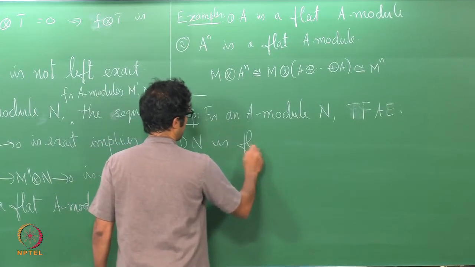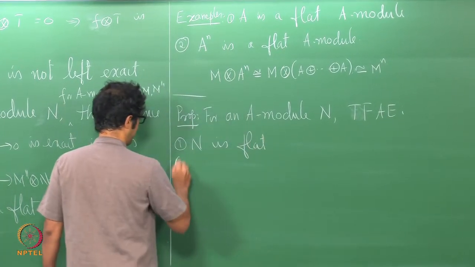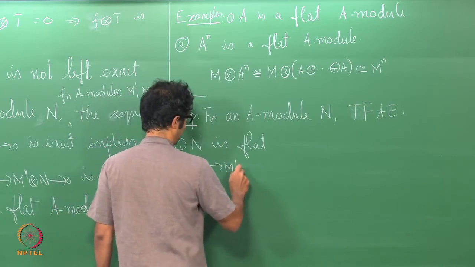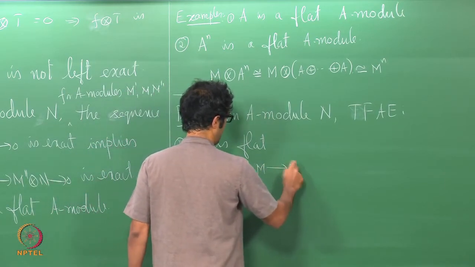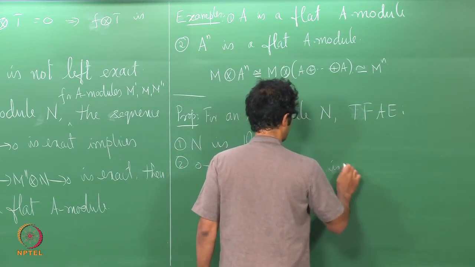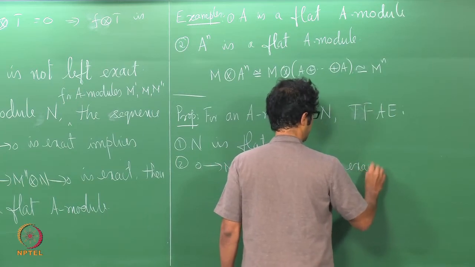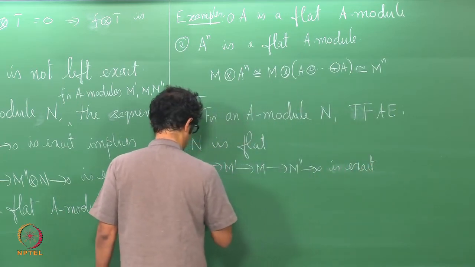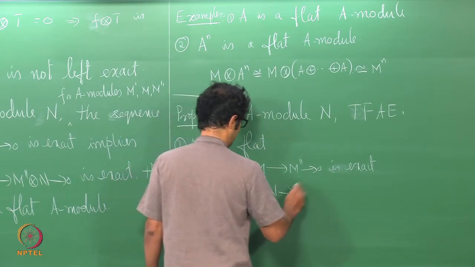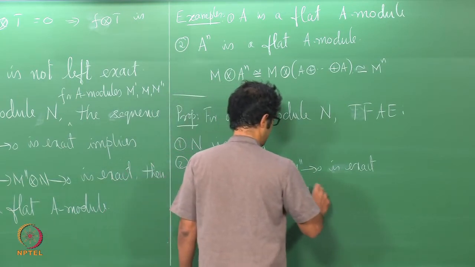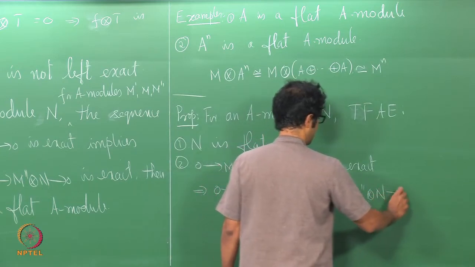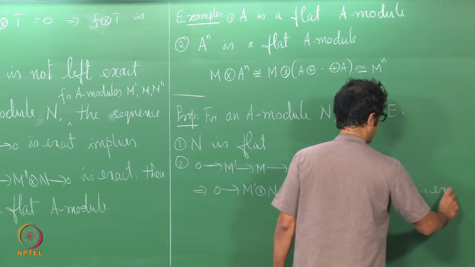N is flat, 0 to M' to M to M'' to 0 is exact, implies M' tensor N to M tensor N to M'' tensor N to 0 is exact.